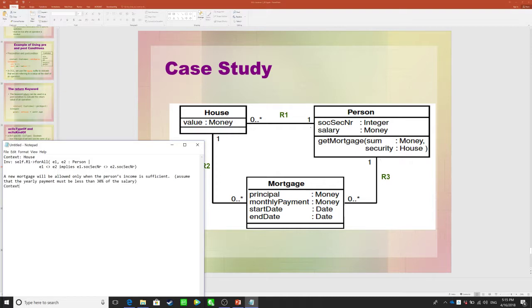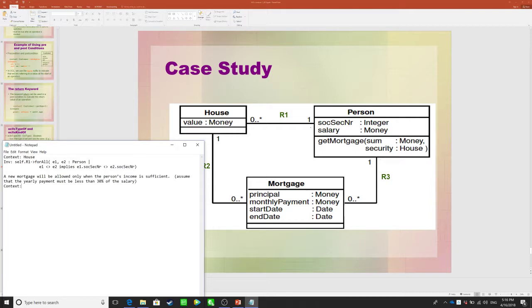Let's select a context first. So let's see. We want to do something with the mortgage, right? A mortgage will only be allowed when the person's income is sufficient. So what is the appropriate context? Let's try, can we do the house? Maybe we can do house, because house we can relate to the person. But here we're saying the mortgage will be allowed. It looks like the person is trying to get a mortgage.